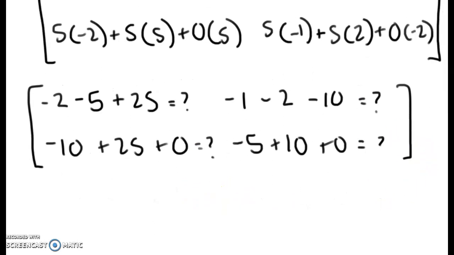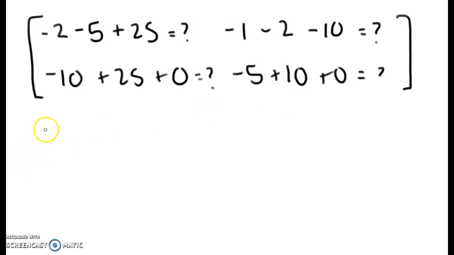Okay, now we're going to add all these values up to get our 2 by 2 matrix. So here we have negative 5 plus negative 2, that's negative 7, plus 25, so 25 minus 7, and that is 18. And here we have negative 1 and negative 2, which is negative 3, and then negative 3 minus 10 is negative 13.